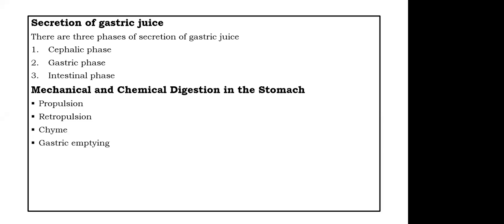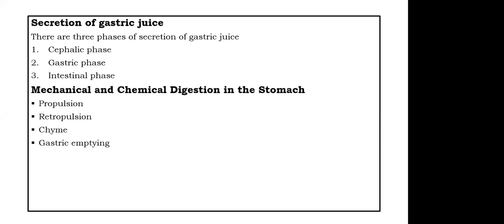But most of the waves begin at the fundus and intensify as they reach the antrum. Each peristaltic wave moves the gastric contents from the body of the stomach down into the antrum, and this process is known as propulsion.